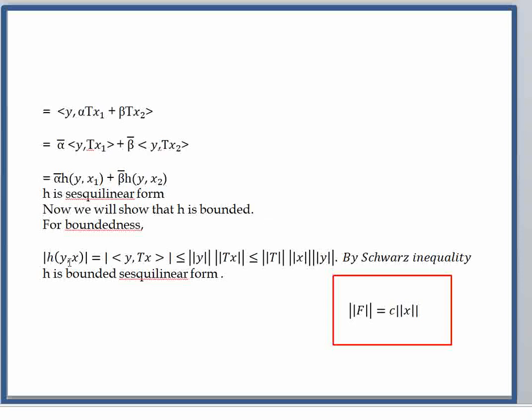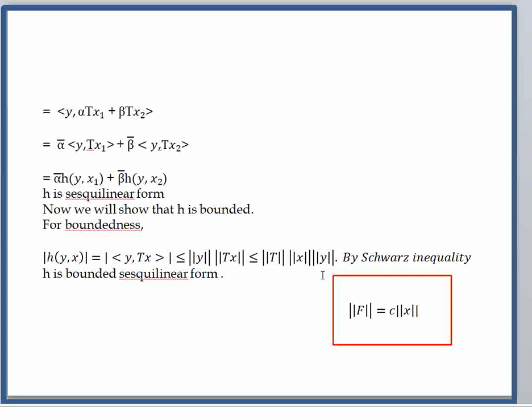Mod of h(y, x) is equal to mod of the inner product of y, Tx, which is less than or equal to norm of y into norm of Tx, which is less than or equal to norm of T into norm of x into norm of y. Here T is a linear and bounded operator and the norm of T is fixed.